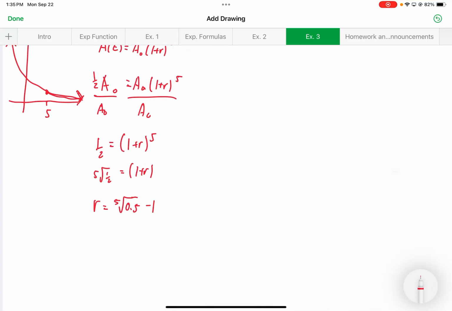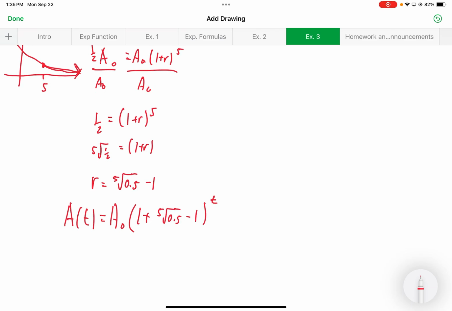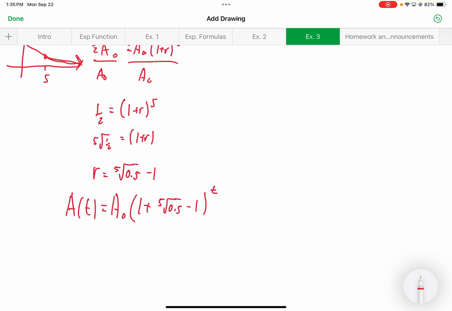So when I write my final answer, I get A(t) = A_0 times (1 + the 5th root of 0.5 minus 1) to the power of t, which simplifies to A_0 times the 5th root of 0.5, to the t.